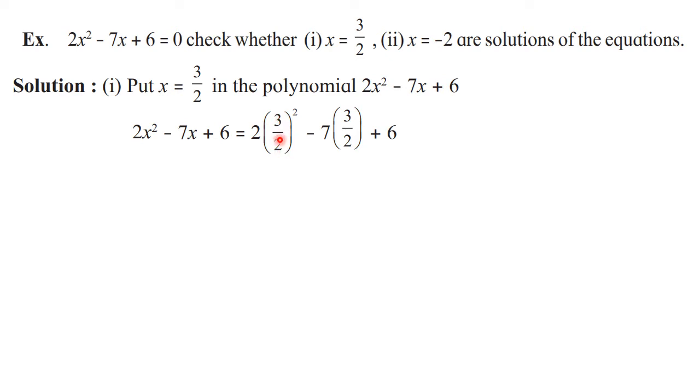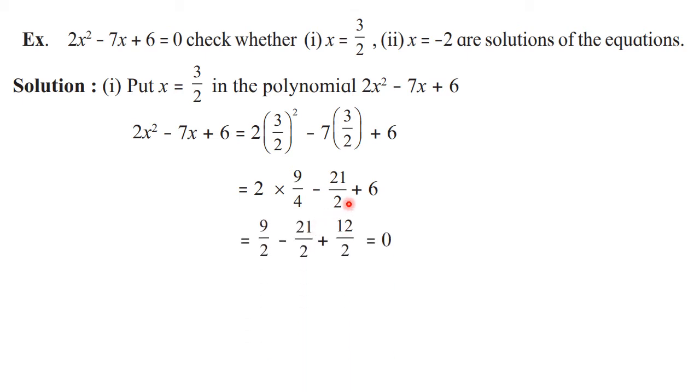That 4 in the denominator will get cancelled with this 2 and you will get 9 upon 2 here. And 7 times 3 upon 2 is 21 upon 2. So here we get 9 upon 2, and here minus 21 upon 2 plus 6.